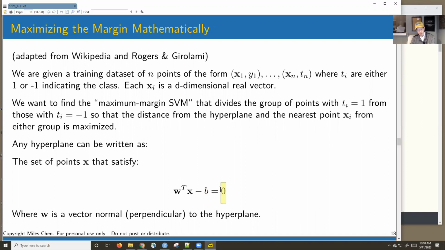If you express it like this, w will be a vector that is normal or perpendicular to the hyperplane, and the hyperplane would be all of the x values that satisfy this equation. All right.